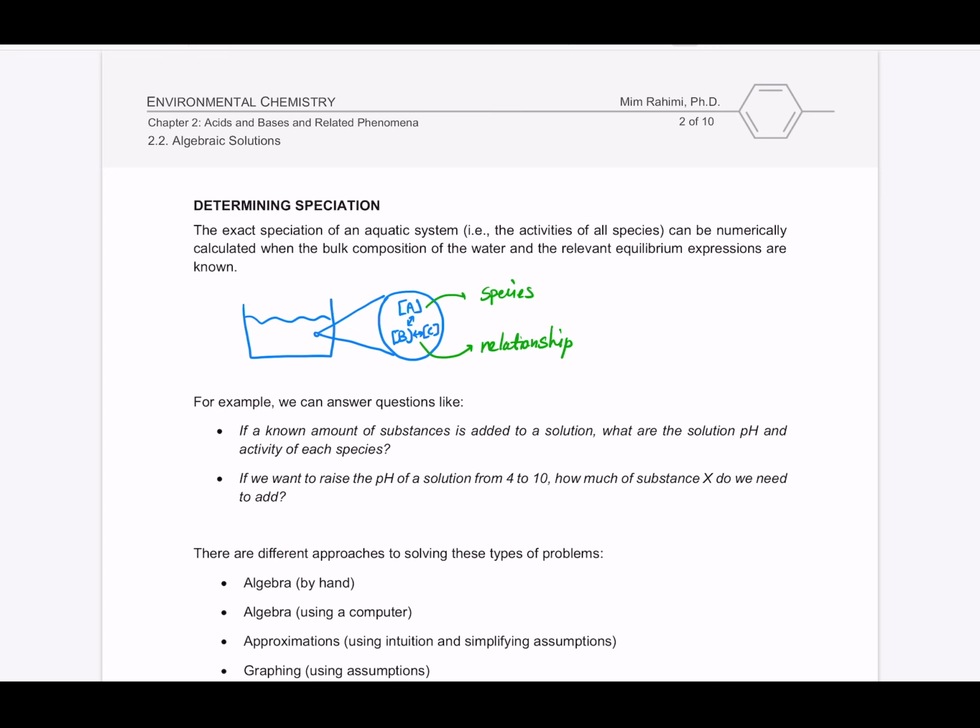Or the other way to look at it is basically if we want to raise the pH of a solution from, let's say, 4 to 10, how much of this specific substance we need to add to the system. So how much of a weak acid or strong acid we need to add to the system to increase the pH by some units. So that kind of information we're expecting to understand based on these 3 lectures.